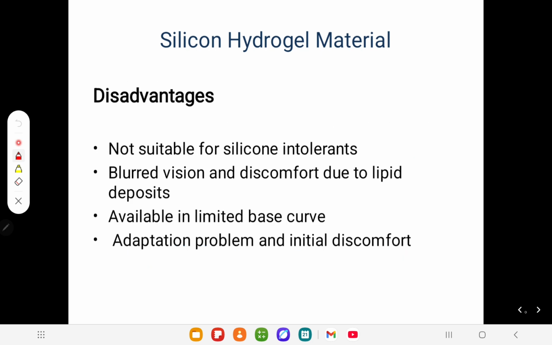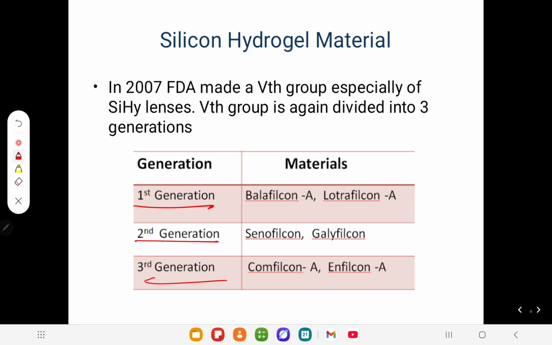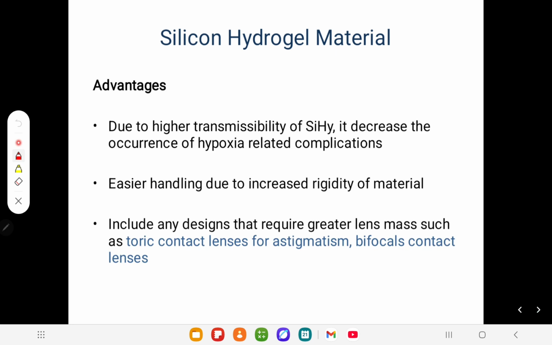And why they are first, second, and third generation, you have to work on that. First generation is surface treatment, second generation is intrinsic wetting agent, and third generation is itself better. That's the fifth point, but you have to go and search why they are first, second, and third generation.